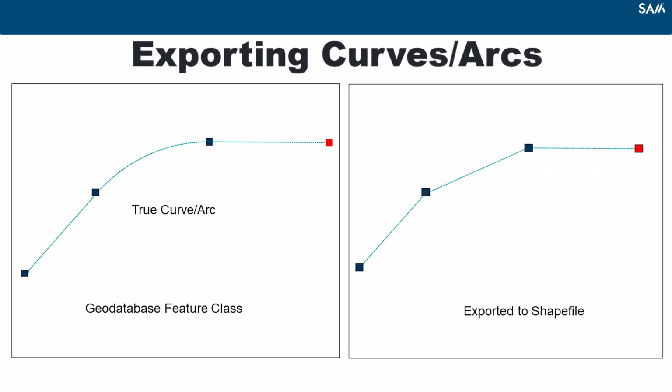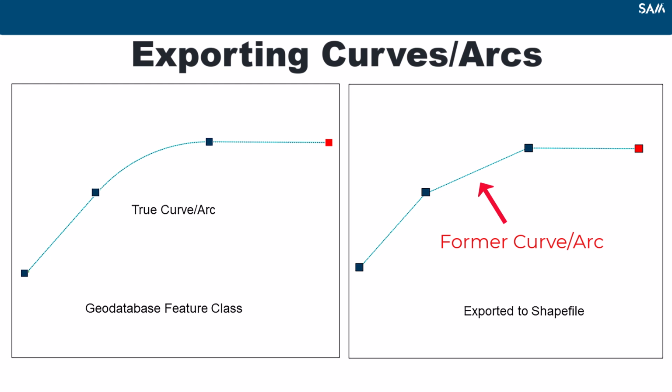And here's another example of a limitation. As I mentioned, shapefiles do not support true curves or arcs. So if you have any spatial data in your geodatabase feature class that you're trying to export to a shapefile that has a true curve, when you run that export, it will export the feature, but the curve is going to become a straight line.